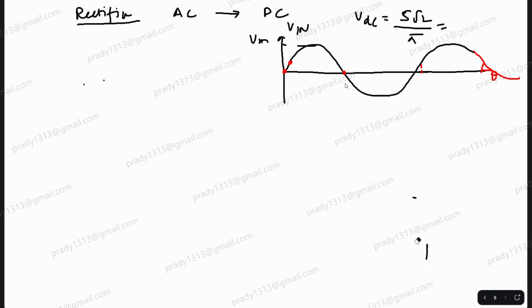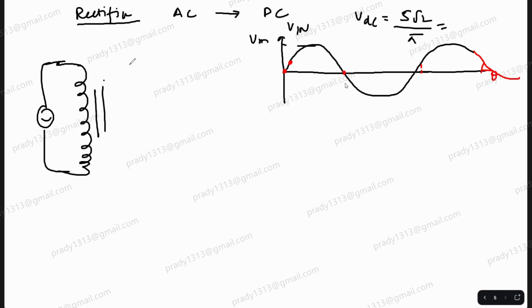Now let's look at the full wave rectifier. How does it work? A full wave rectifier can be of two types. One can use a center tap transformer. You give an AC to a transformer with a center tap. What is a center tap?